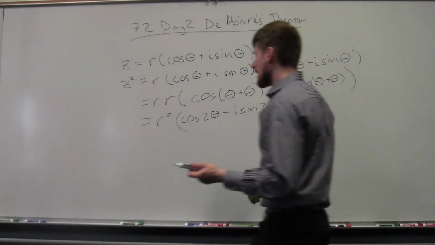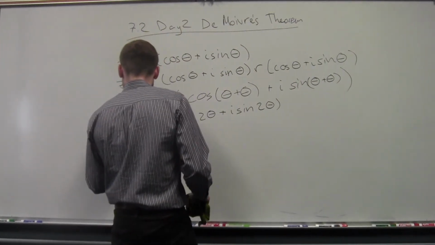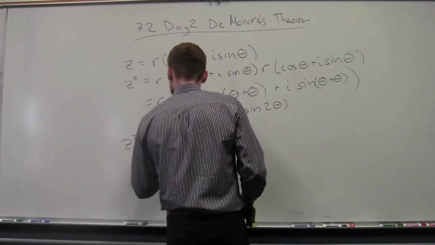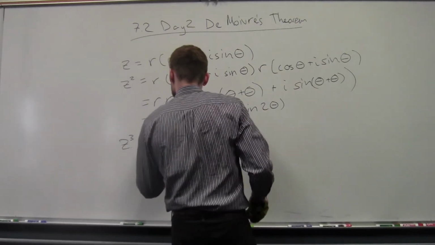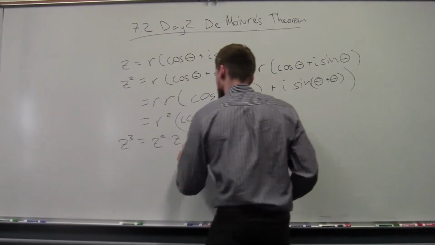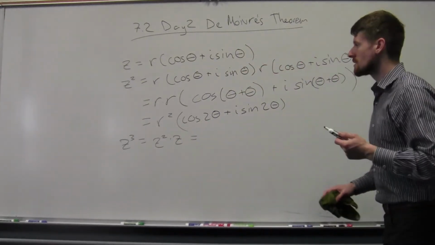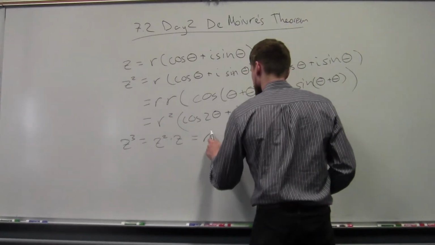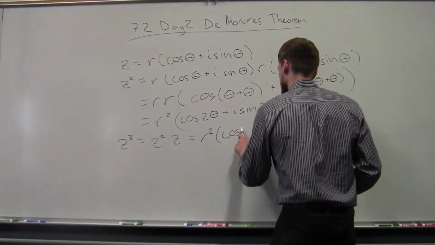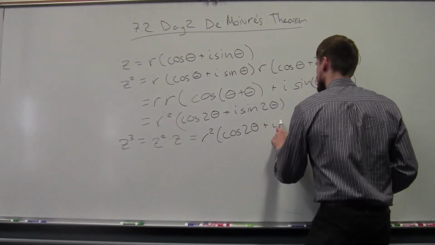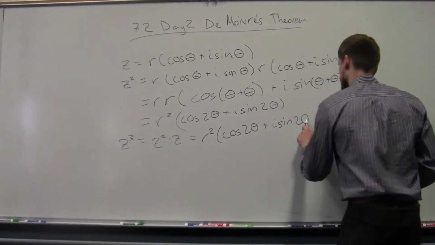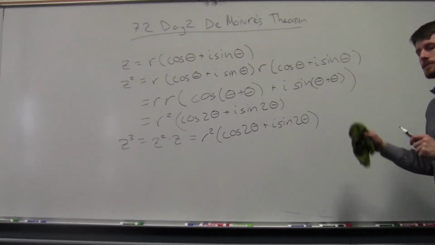Well, what happens if we add on another z? So let's look at z cubed. Well, now this is z squared times z. And I already know what z squared is. That's r squared cosine 2 theta plus I sine 2 theta, because we found it just a minute ago.